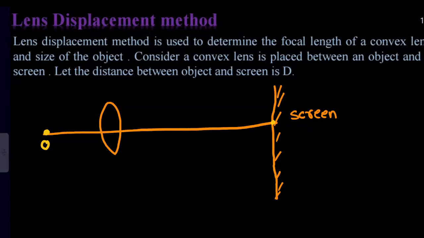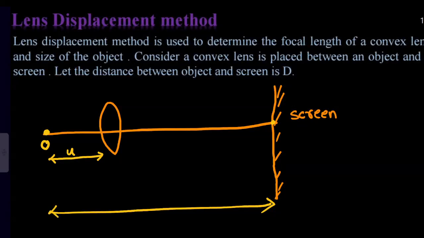This object distance, as usual, is u, and the distance between the object and the screen I am calling capital D. This is the first position.